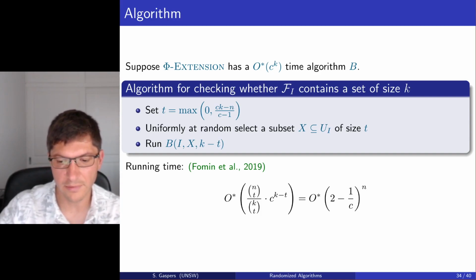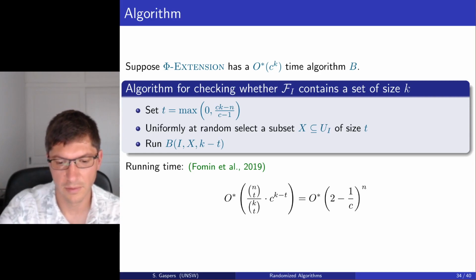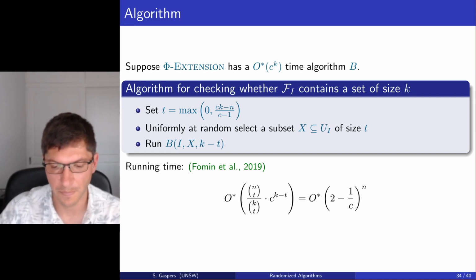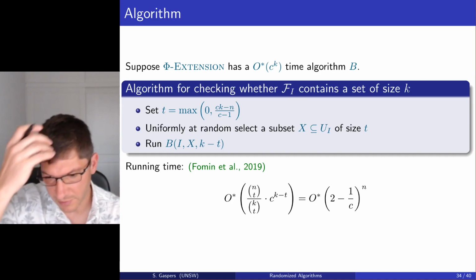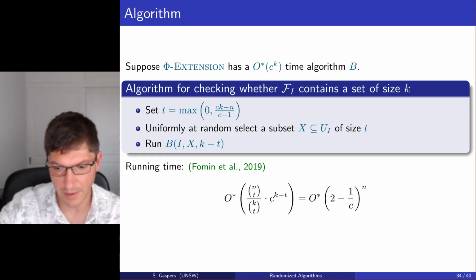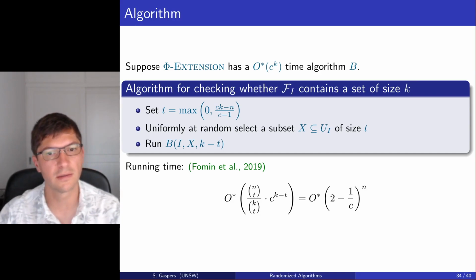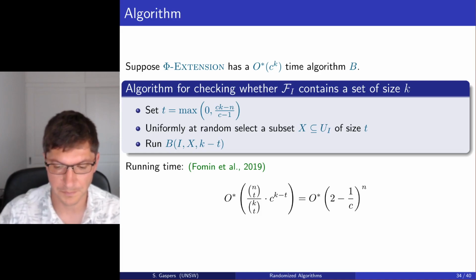Then there exists a solution of size k. This algorithm is for checking whether F contains a solution of size k. If it contains such a solution of size k, and our t selected elements are a subset of that solution, then we will find the solution for sure.